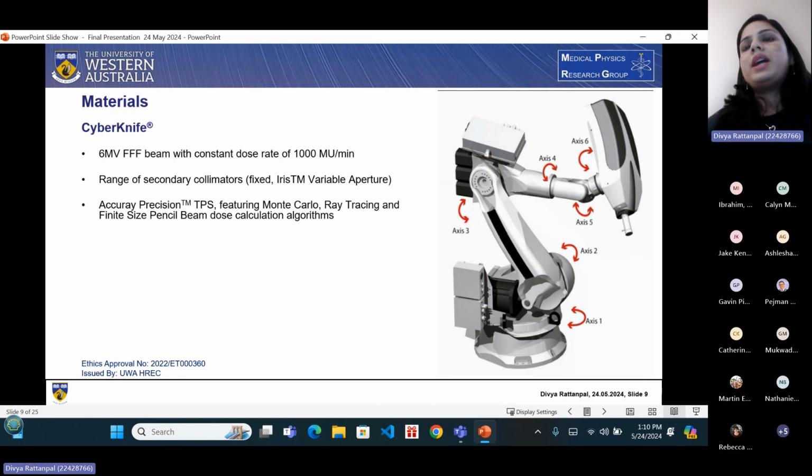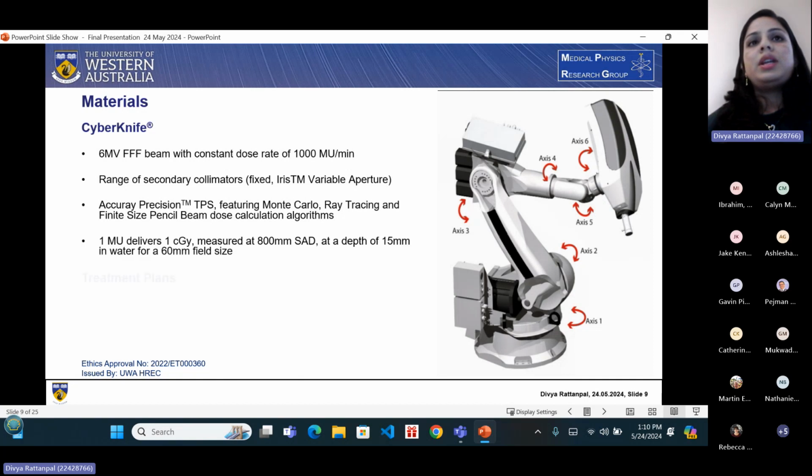This treatment planning system has 3 dose calculation algorithms: Monte Carlo, ray tracing, and finite size pencil beam. CyberKnife is calibrated such that 1 monitor unit delivers 1 centigray at 100 mm source to axis distance, at a depth of 15 mm in water, for a field size of 60 mm.